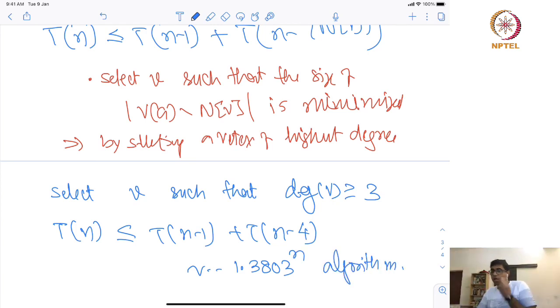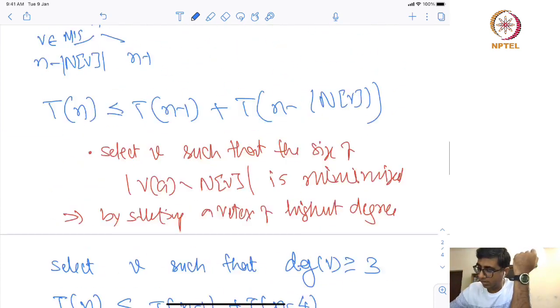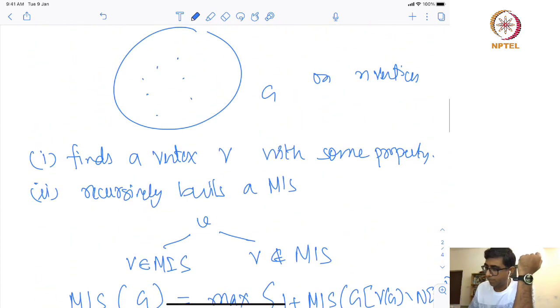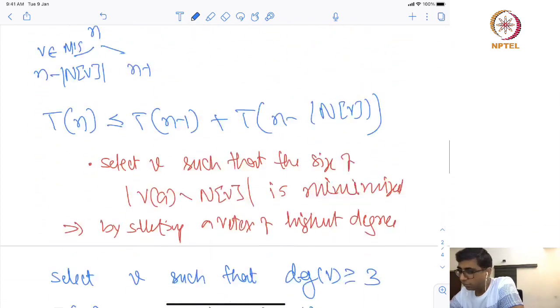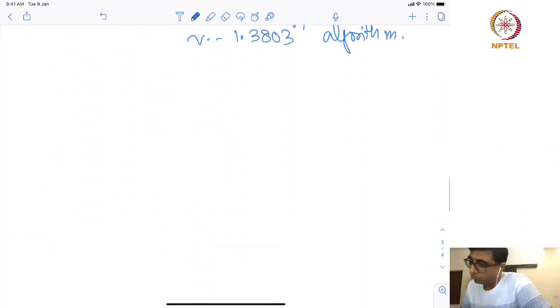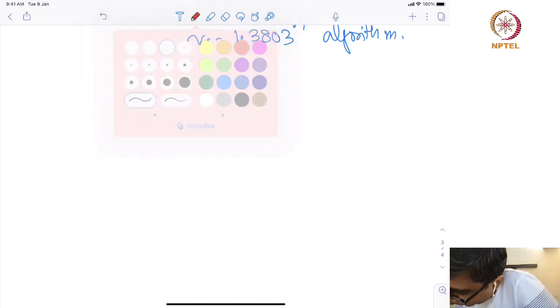Excellent. Now I want to understand what happens if, rather than finding a vertex V with some property and recursively building a MIS, we do as follows. Suppose we are lucky, we will come to that.